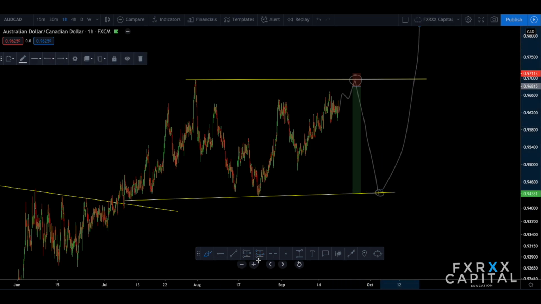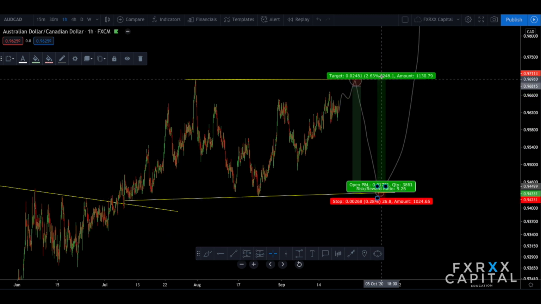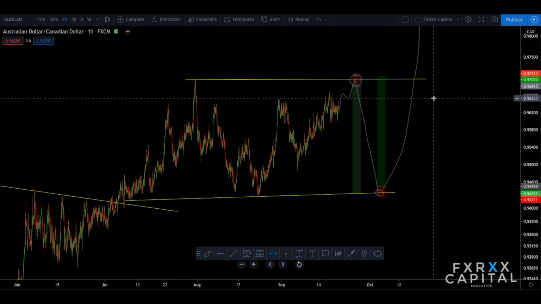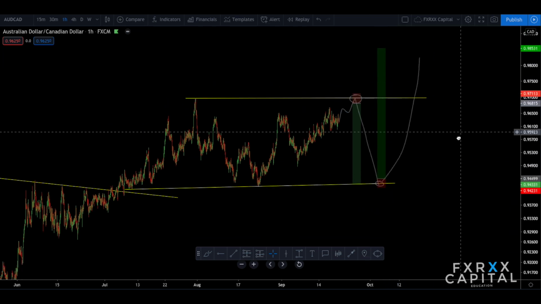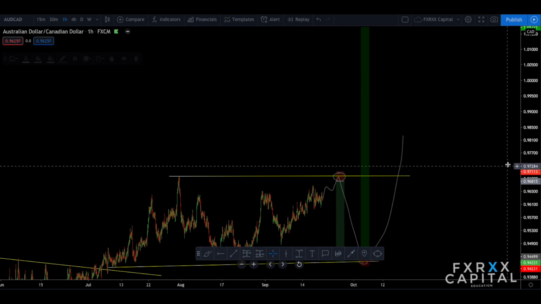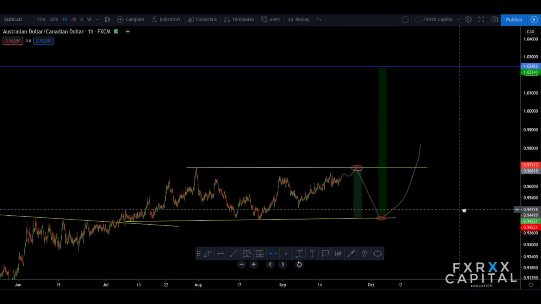So this will be a buy and sell setup. This is what we call short-term sell and long-term buy, because our buy position will have a huge target to the 90% rules. So there will be a buy and sell setup for this position.